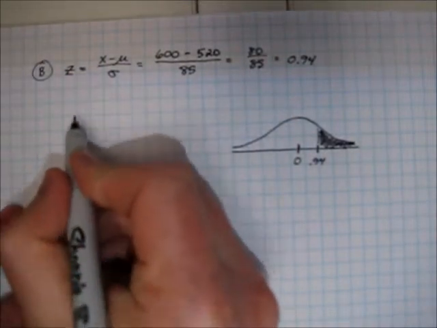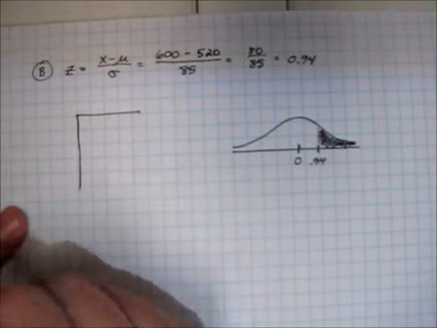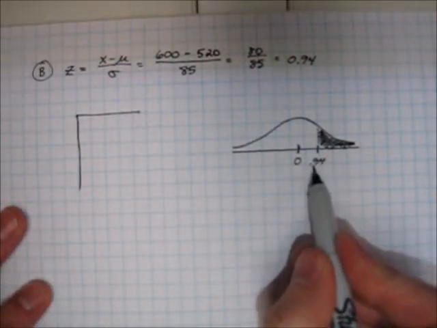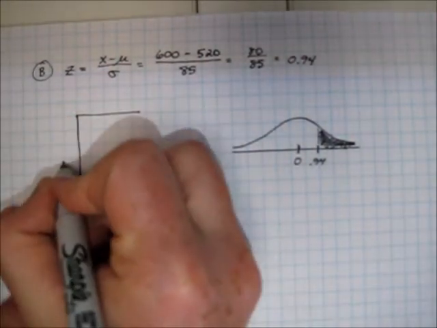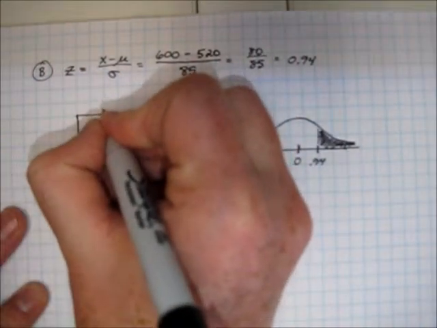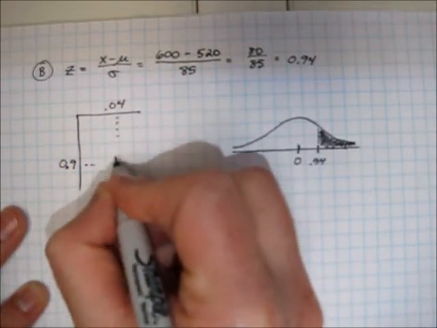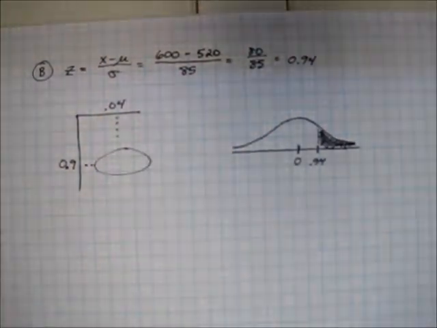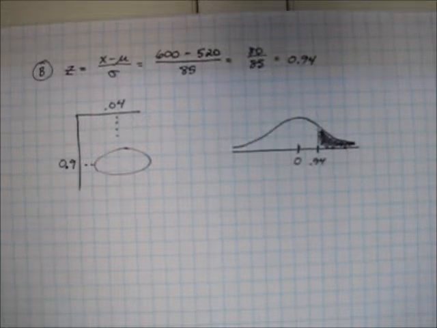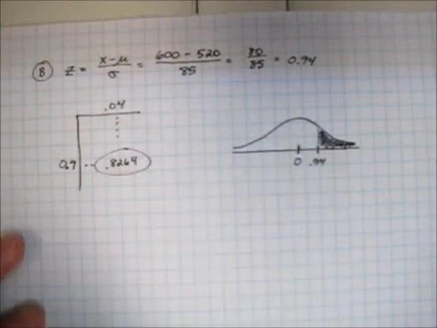Now when I go to the z-score chart, I've got to use the one with positive z-scores, by the way, and I'm looking for 0.9 down the left-hand column, and again 0.04 across the top. So match that column with that row, and we get the value of 0.8264.